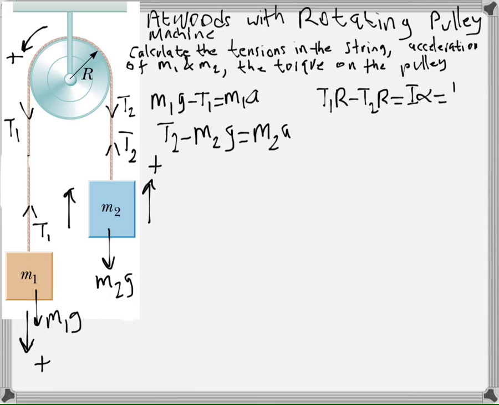But alpha is related to the linear acceleration A of these two bodies, M1 and M2, by A divided by R. So I have three equations now, and if you assume that M1, M2 and the moment of inertia are given to you, then T1, T2, and A are three unknowns. So you can solve for these three equations then.